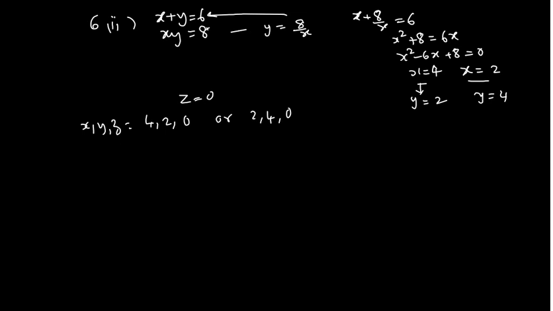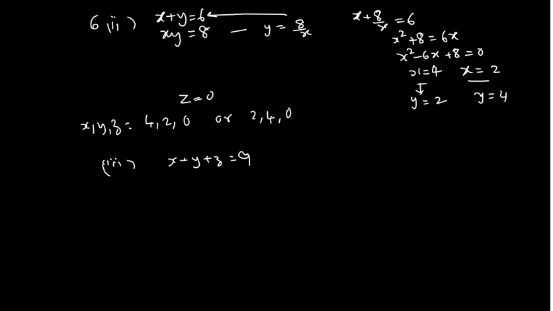Now work with this and this. Subtract: x plus y plus 2z equal to 12 and x plus y plus z equal to 9.